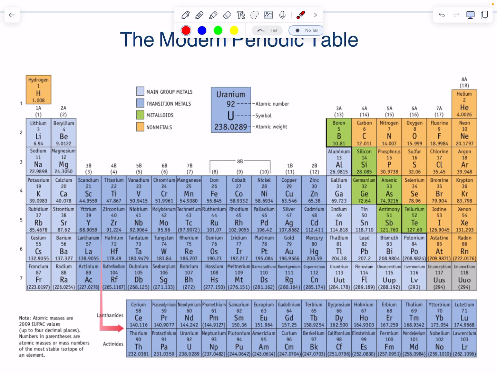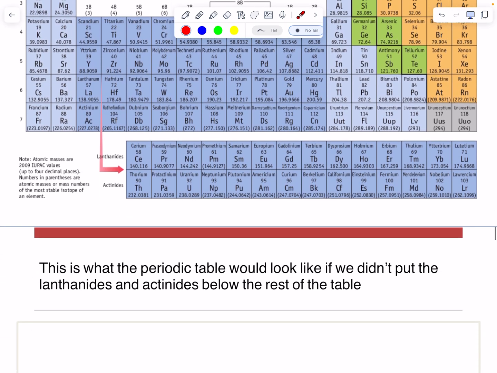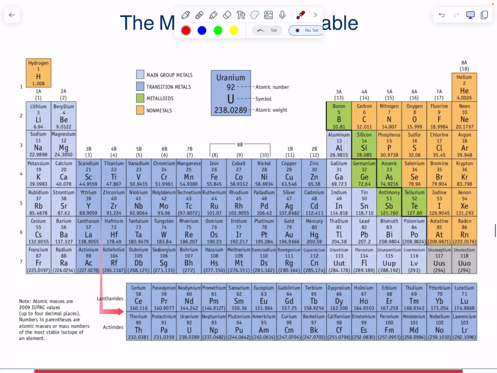The periodic table was originally organized by physical property. Before we had the modern atomic model, before we knew about protons, neutrons, and electrons, people were trying to organize what they knew about materials so that they could try to figure out what those materials were actually made of.